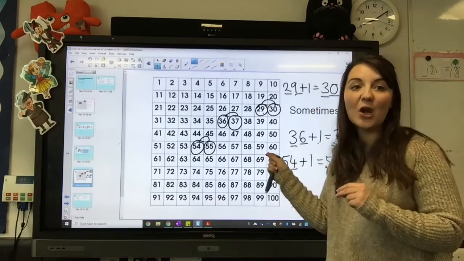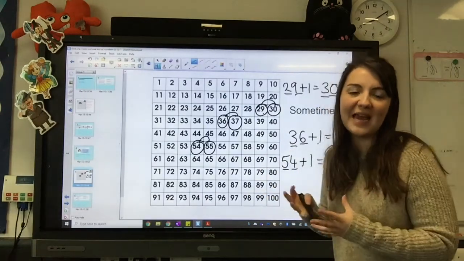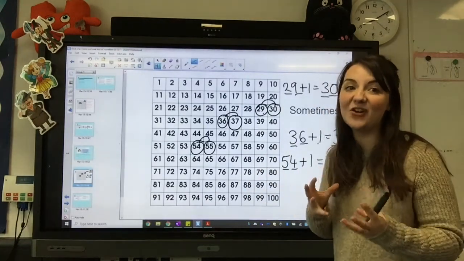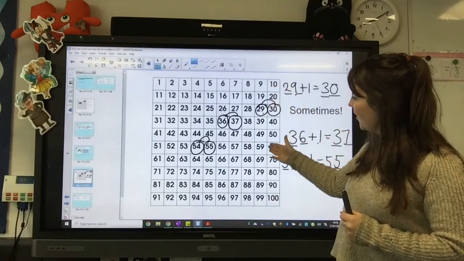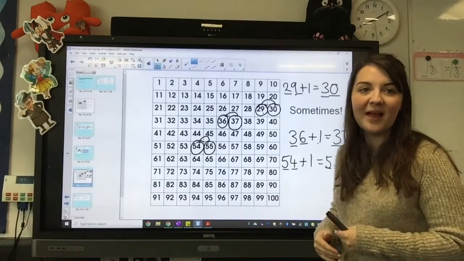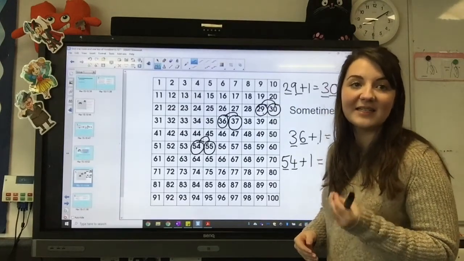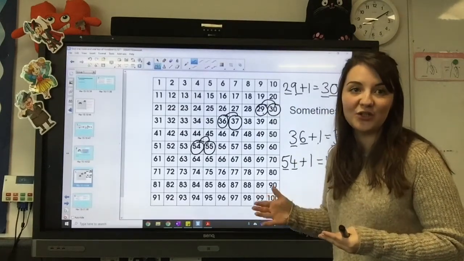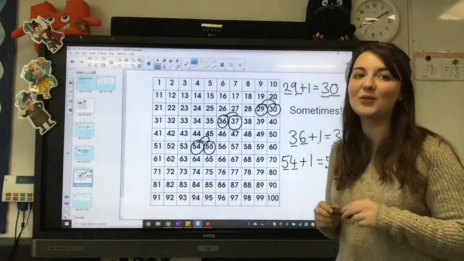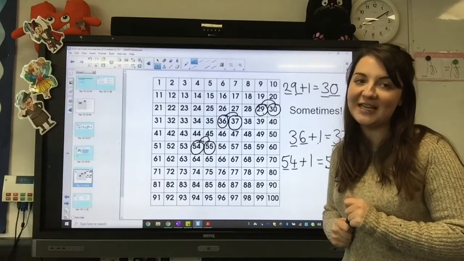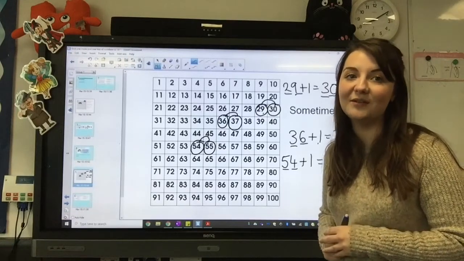When we add another one, we have 10 ones. So then we're adding on another 10, aren't we? So when we add on to any number that ends in 9, that has 9 ones, the tens will change too. Did you spot that? So sometimes only the ones digit changes, sometimes the tens do.